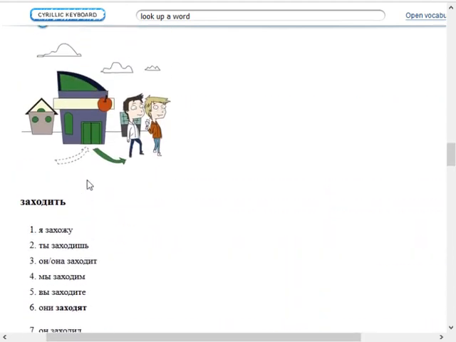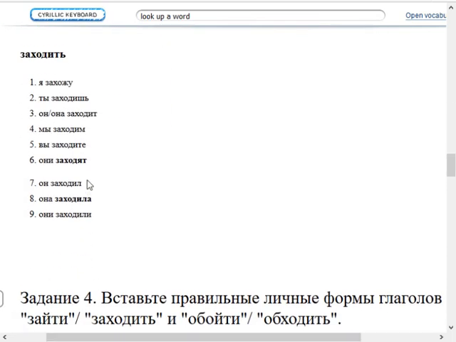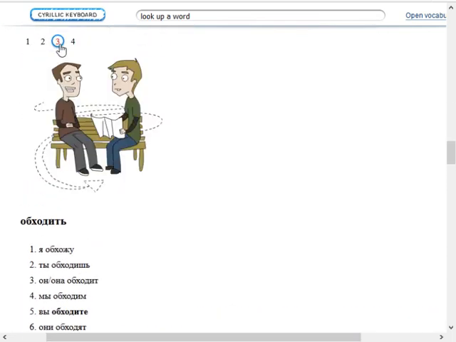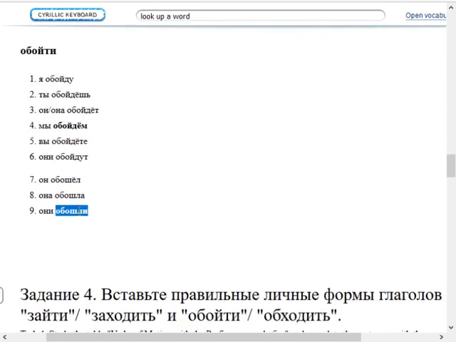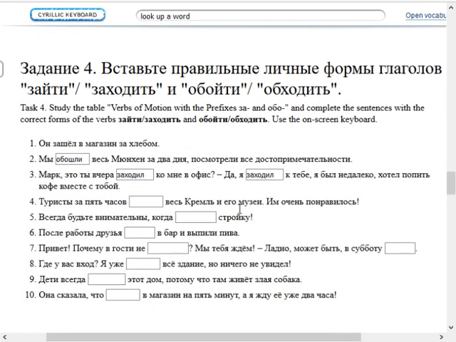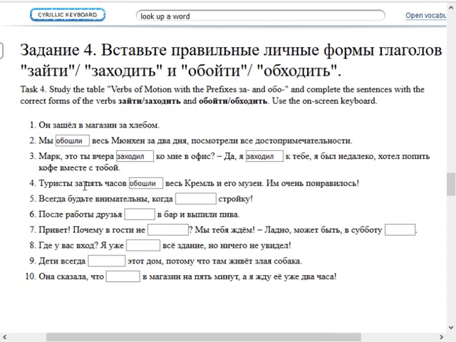Only question is it obchodit or oboiti? Here, for whatever reason, it's oboshli. Do not ask me why. That's just what they want you to put here. So the tourists in 5 hours walked around the entire Kremlin and its museum. Им очень понравилось. They really liked it. To them, it was really pleasing.